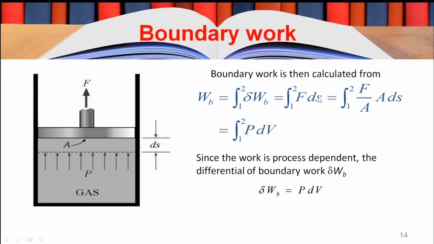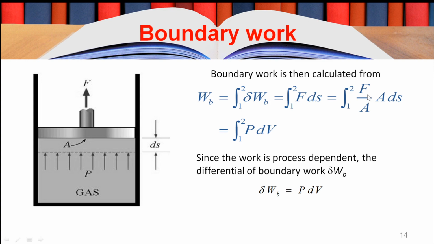That is equal to F ds. So work is force times the displacement. Whenever the system moves from state 1 to state 2, a force is applied by the system for moving the boundary or the piston for a distance of ds. So integral 1 to 2 F ds is the work transfer associated with the moving boundary.